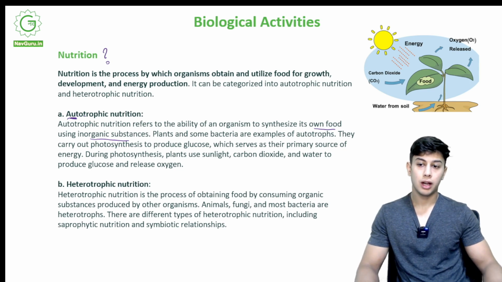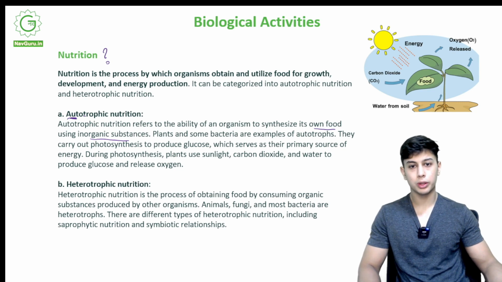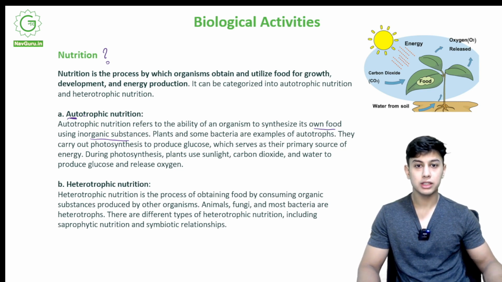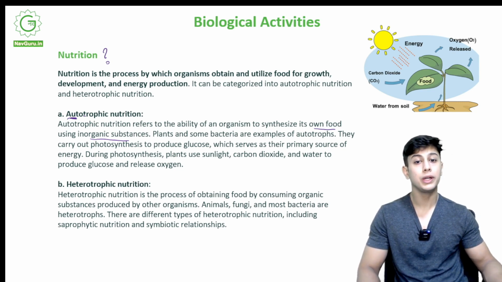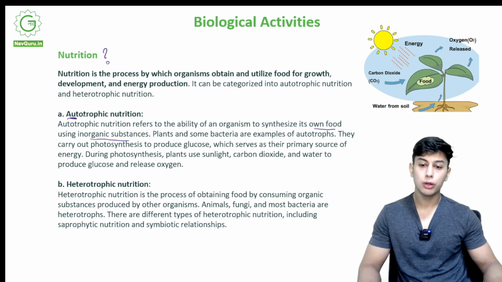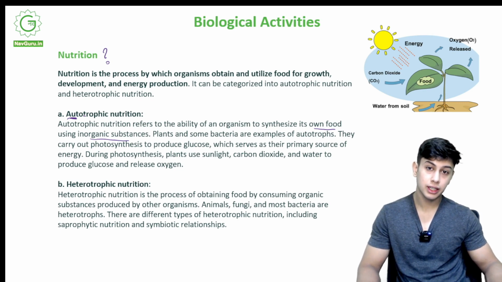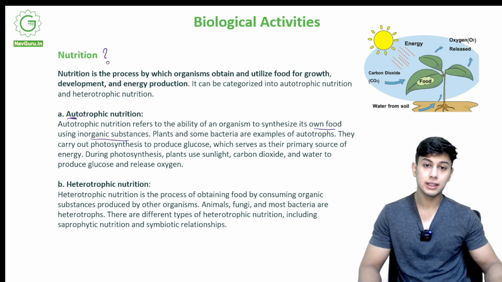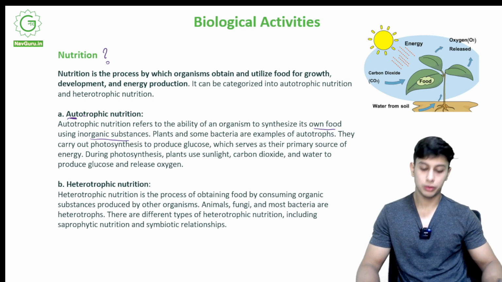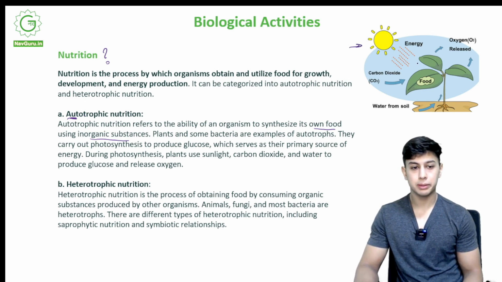Our body does not produce its own food, we take food from outside, so we are not autotrophs. Autotrophs are plants and algae that contain chlorophyll. They synthesize their own food using the sun and the carbon dioxide present in the air.